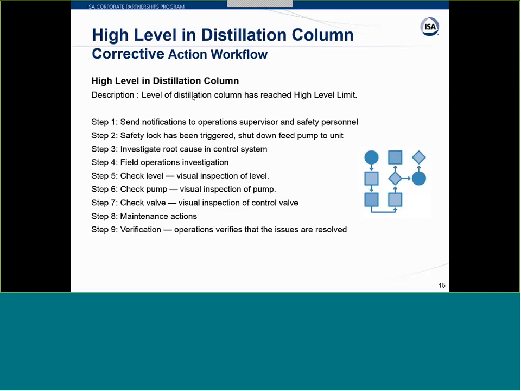So I'm going to sneak over here and just hope everything is going well. I'm on a remote server here. So the distillation column high level alarm is in the inbox. You can see I've got the task client that we just talked about. Down here, April is logged in, and April happens to be an operator.